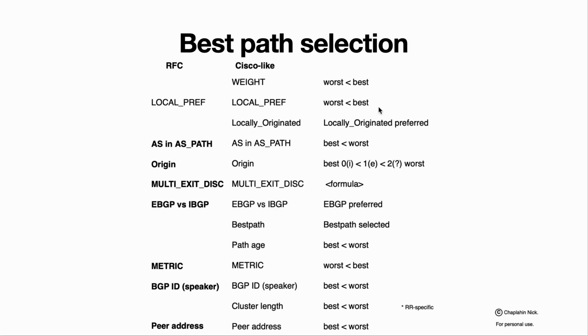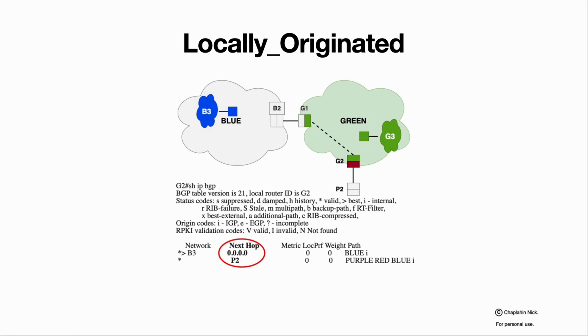Again, a bigger value means better, and we sort out all paths that have a local preference less than the required best one, or the biggest one. If we have multiple paths with the same local preference, we go to the next stage, that is locally originated.